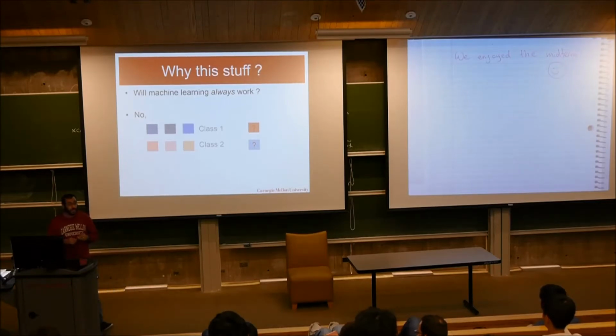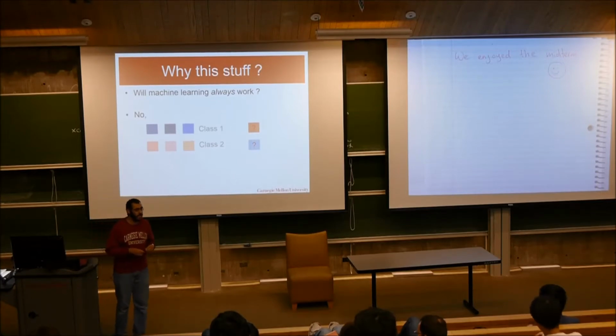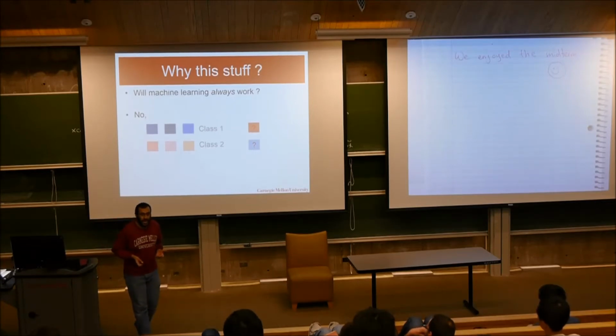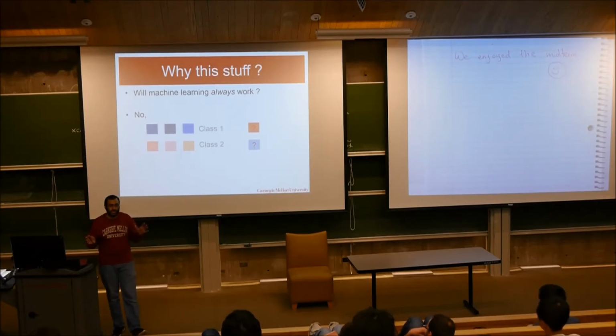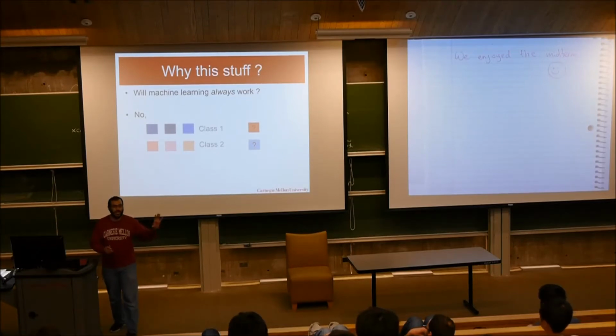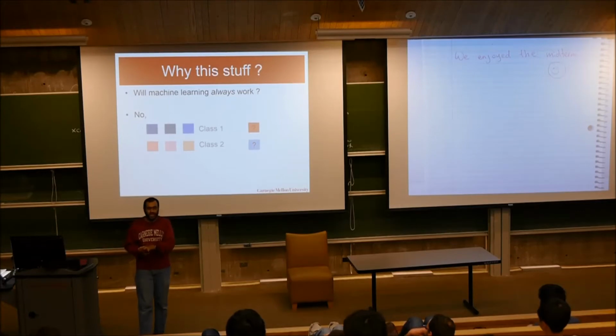And the point is, I can devise any labeling scheme. Suppose that we have discrete features, so the number of possible data points is finite. Let's call it n. Suppose I give you n minus 1 training examples, and I ask you to predict the nth example. There are two possible answers.